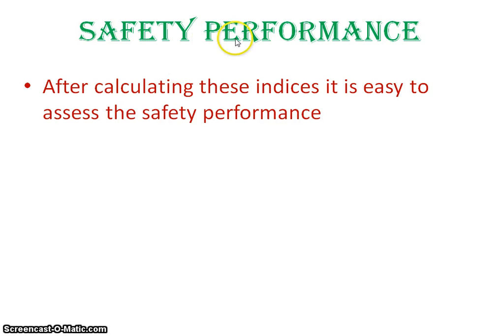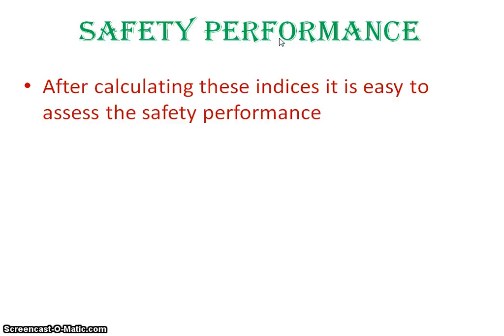Next, safety performance. After calculating all these indices, it is easy to assess the safety performance. We have to initially calculate the frequency rate, severity rate, incidence rate and safety T-score to assess the safety performance of an individual industry. Frequency rate alone cannot give the safety performance of an industry.